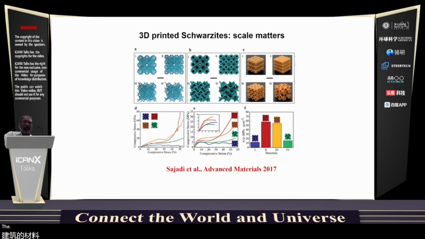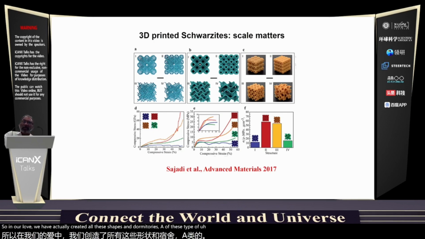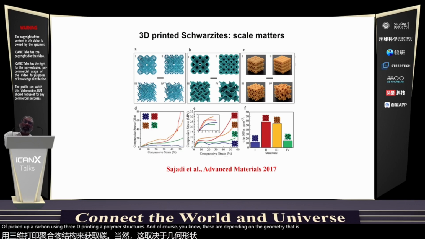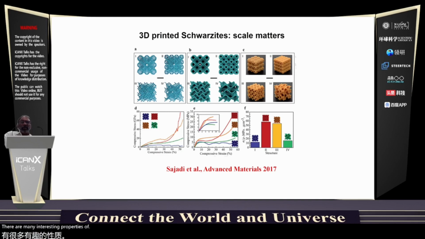So in our lab, we have actually created all these shapes and geometries that I showed before, predicted for carbon, using 3D printing of polymer structures. And of course, depending on the geometry that you build, there are many interesting properties that come out, like stress distribution and stress concentration. All these things could be explored in these complex geometries.